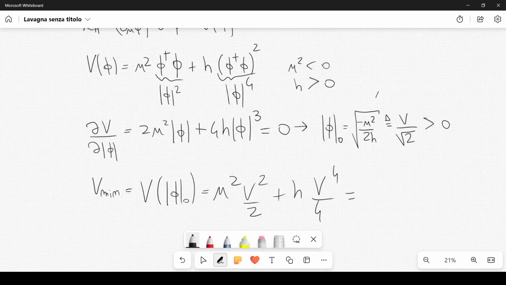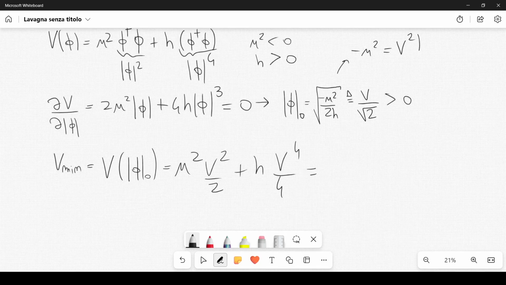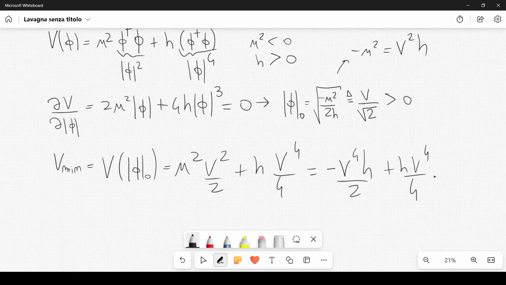From here you can see that minus μ² is equal to v² h. If we use this equality, we see that this is equal to minus h v⁴/2 plus h v⁴/4. So this is equal to minus h v⁴/4.